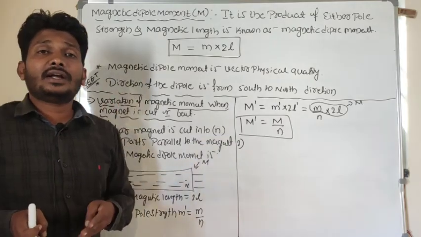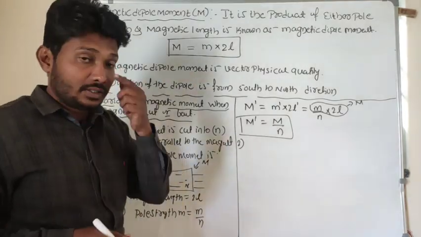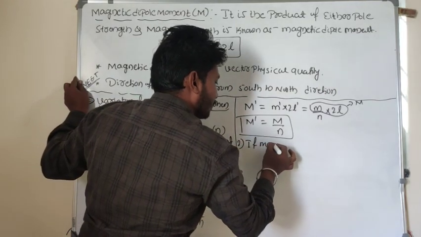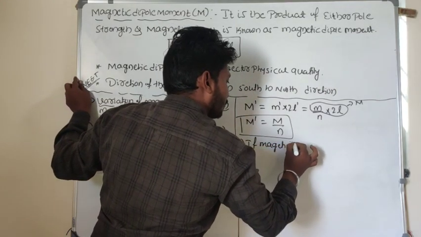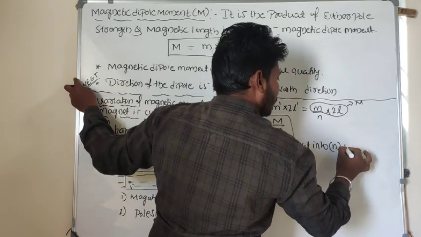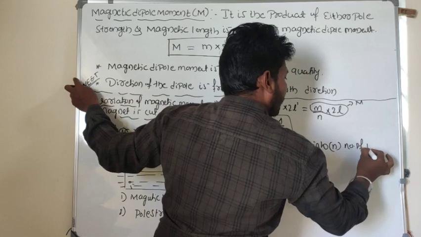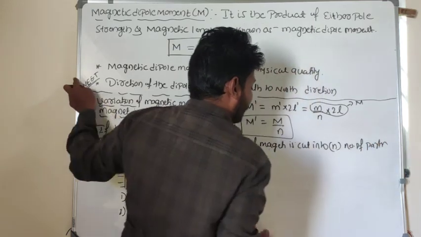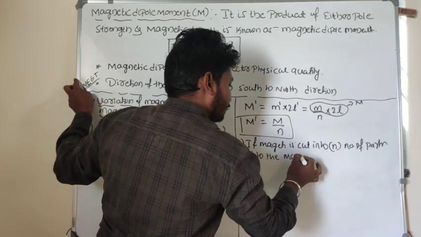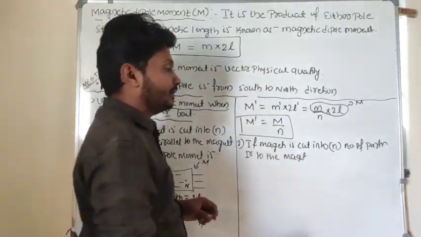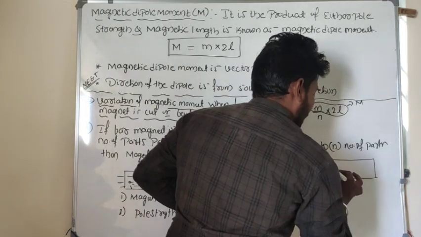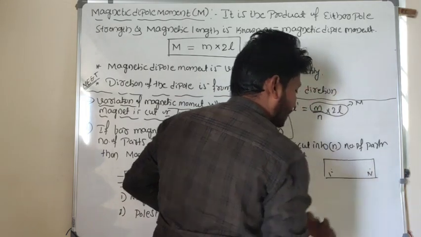Now in the second case, if I cut that magnet perpendicular to the magnet, look at here, if magnet is cut into n number of parts perpendicular to the magnet, then what about the magnetic moment? I can find out here, north pole and south pole.